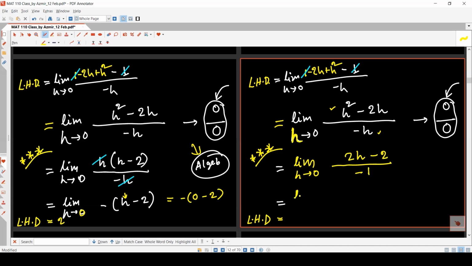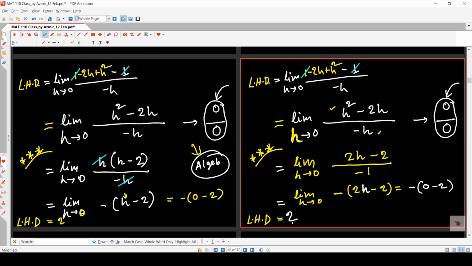Now we have limit a tends to 0. A minus is coming from the denominator. So if we simplify, we can now input the value of a. So we are getting 2 times 0, which is 0, minus 2.